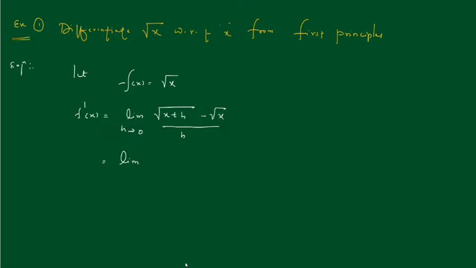Rationalizing the numerator, we can write it here: x plus h minus x divided by root x plus h plus root x.